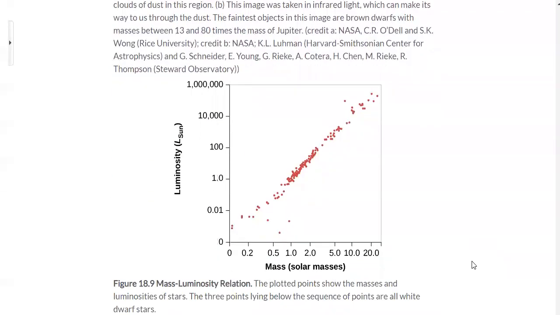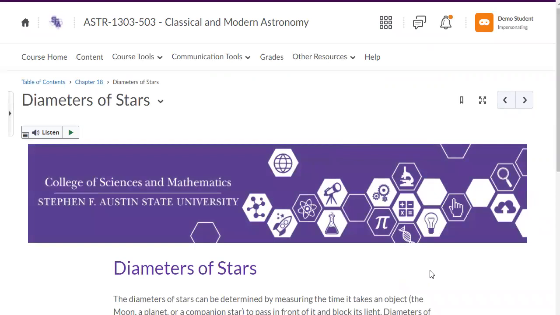What we find is that if we make a graph here of how bright a star is versus its mass, generally speaking, there's a trend that the more massive it is, the more luminous it is, like this. And so you might expect there to be just a random scattering, but there is this order in the universe, a mass-luminosity relationship that is somewhat linear, I suppose.